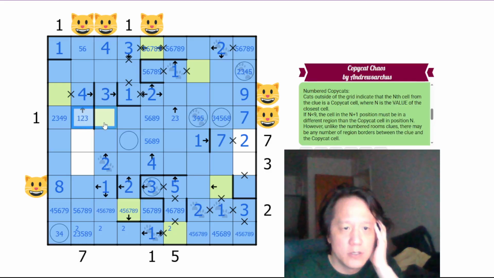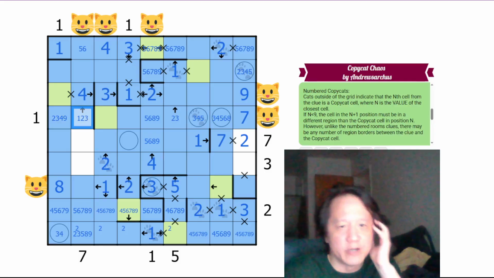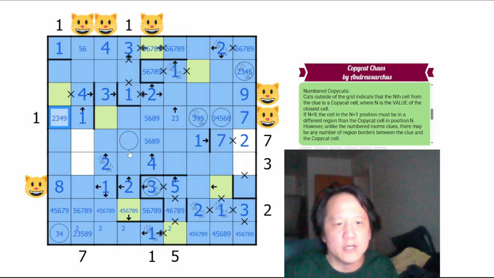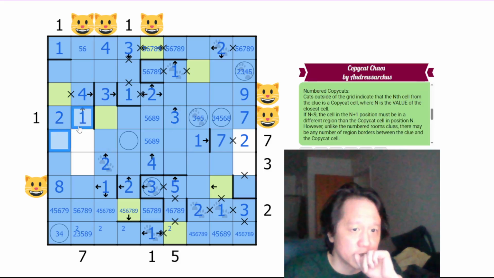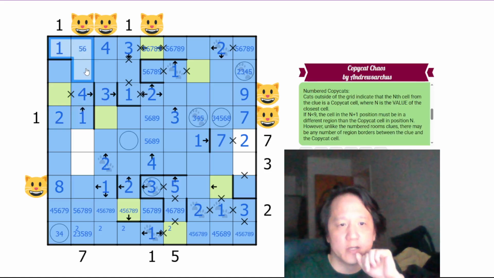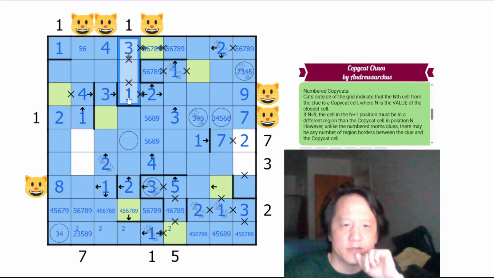So this must be the 1 also in value, and this is 2. So this is 2, which makes that 3. Interesting. So we have one boundary here. This must go this way. But it cannot... Can it be part of... It cannot be part of this. Could be part of this, though.